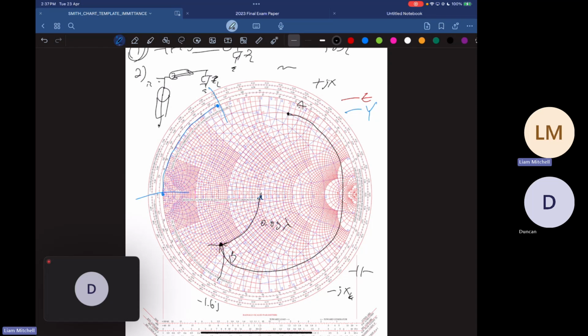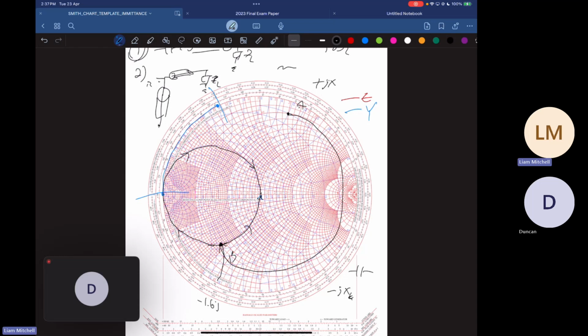If you wanted to go the other way, I draw it very badly, you want to go this way.